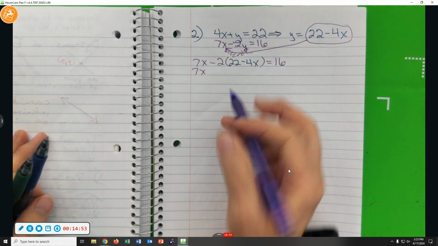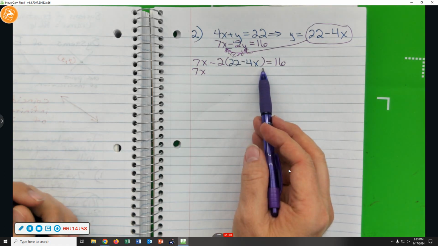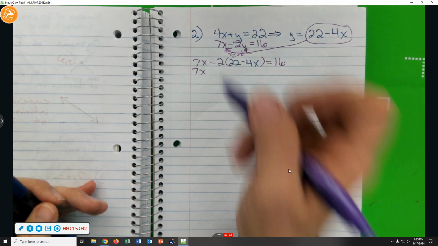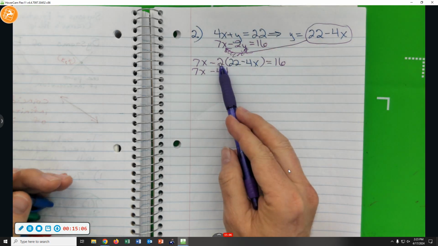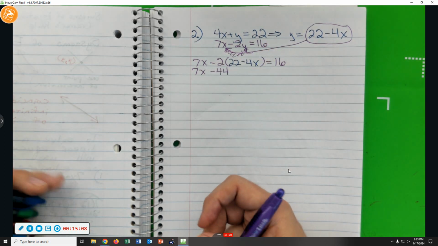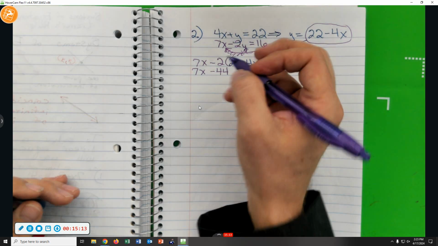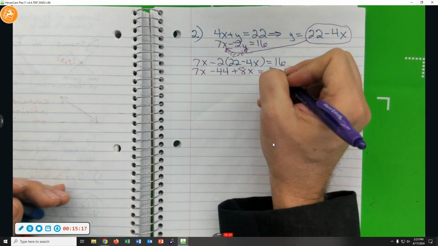What are we going to have to do here to get rid of those parentheses? Distribute that negative 2 times 22 is a negative 44. What about negative 2 times negative 4x? Positive 8x, so plus 8x equals 16.